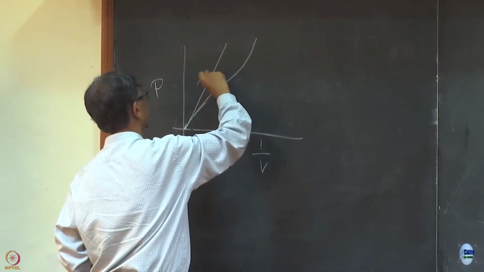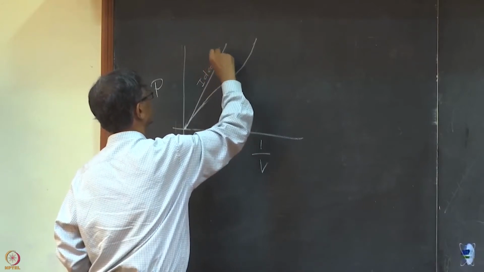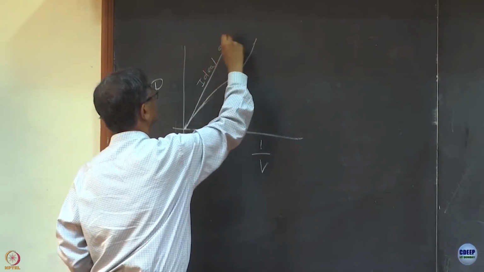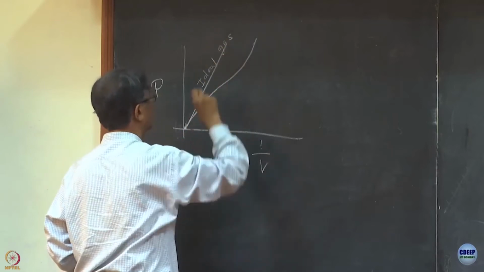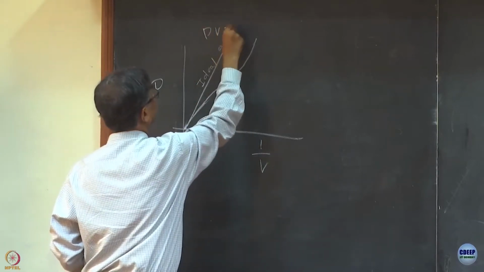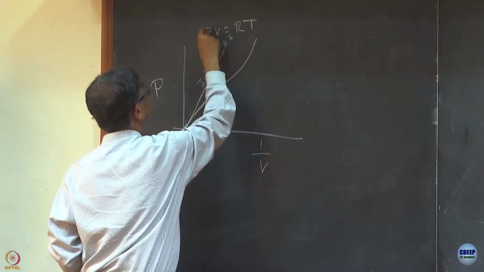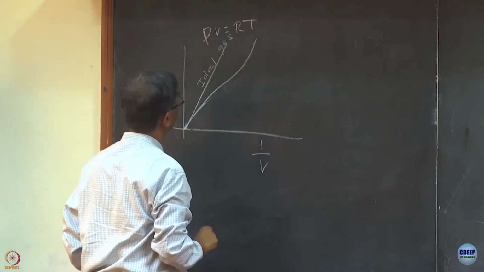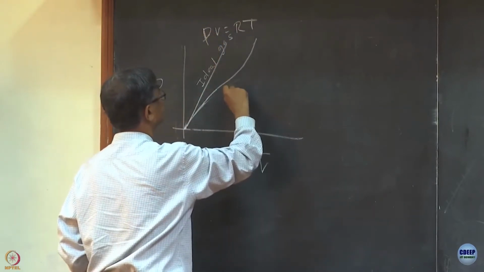So, this is the ideal gas, which is PV equal to RT. This is the real gas.